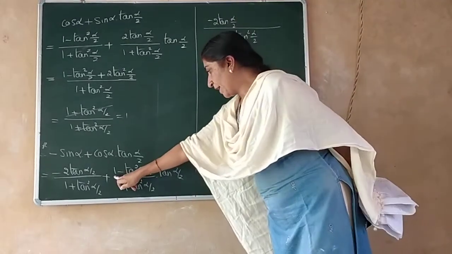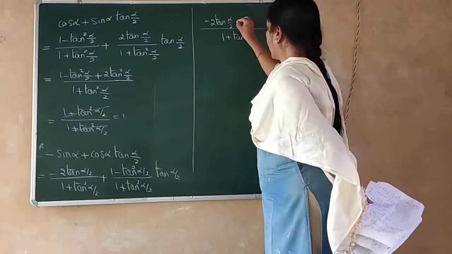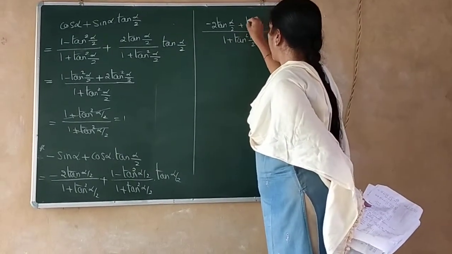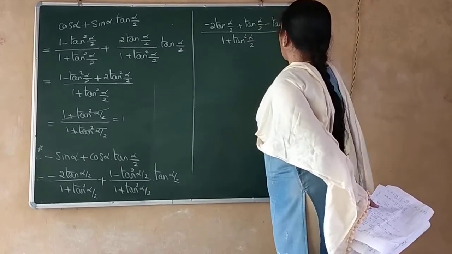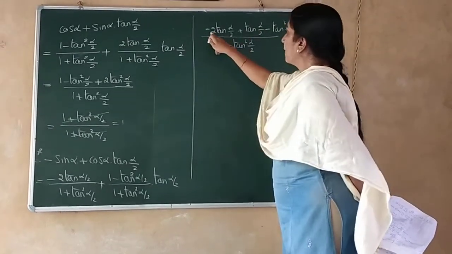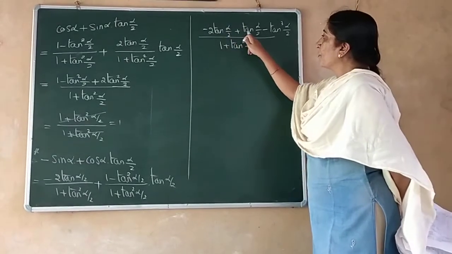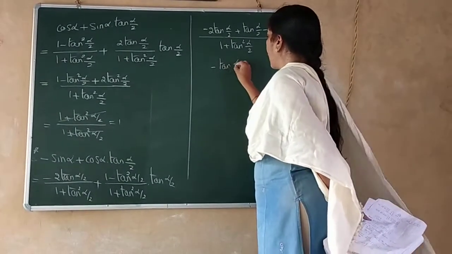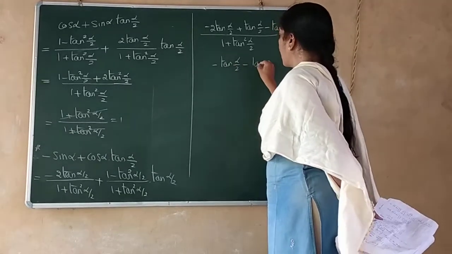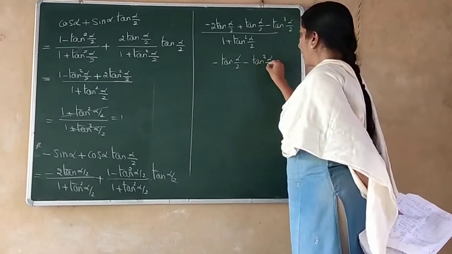And what about this? We have to multiply this term here. It is plus tan alpha by 2 minus tan cube alpha by 2, minus 2 tan alpha by 2 plus tan alpha by 2 is what? Minus tan alpha by 2 and minus tan cube alpha by 2.